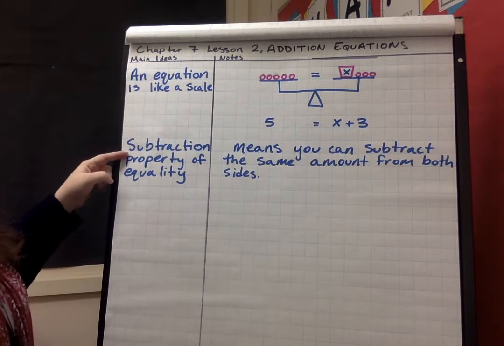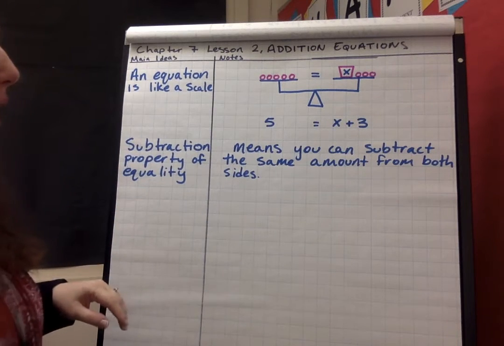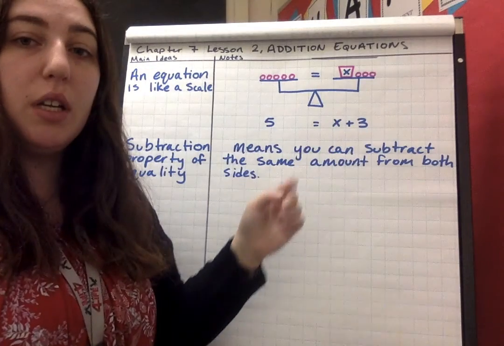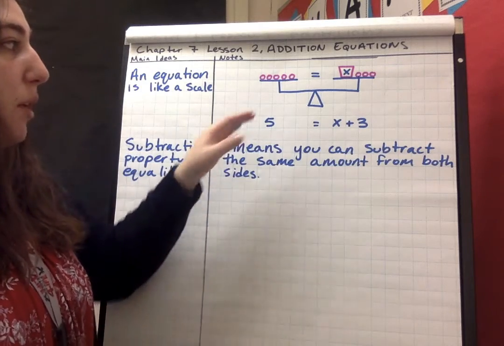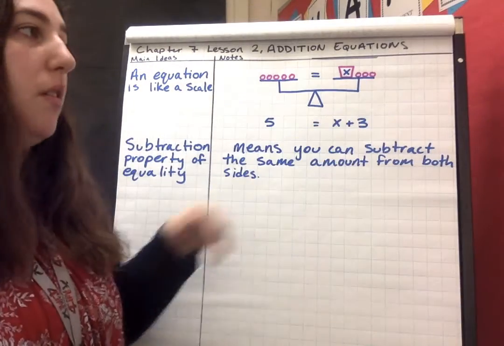That's why it's called subtraction property of equality. So that's really important to keep both sides of our equation equal and balanced. So whatever we do to one side, we have to do to the other side of the equation.